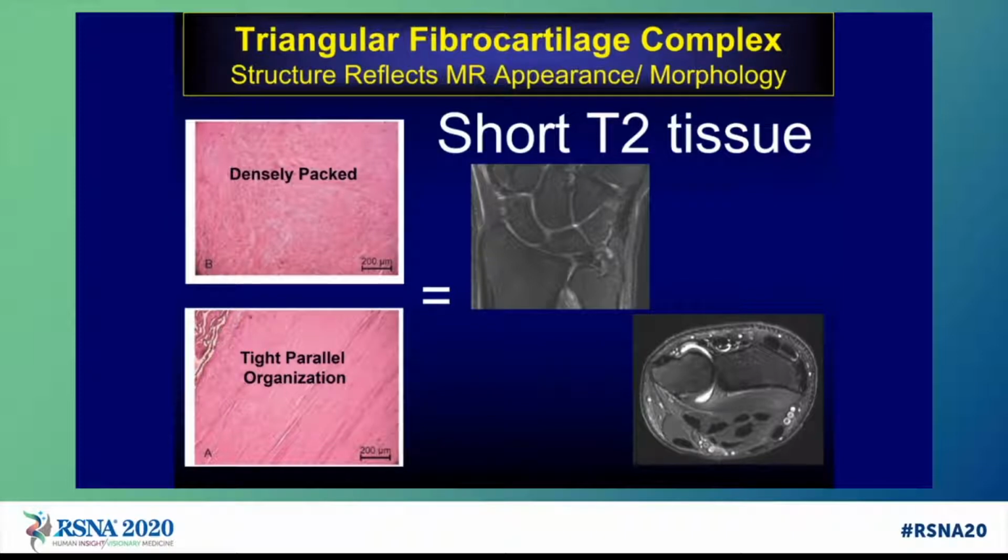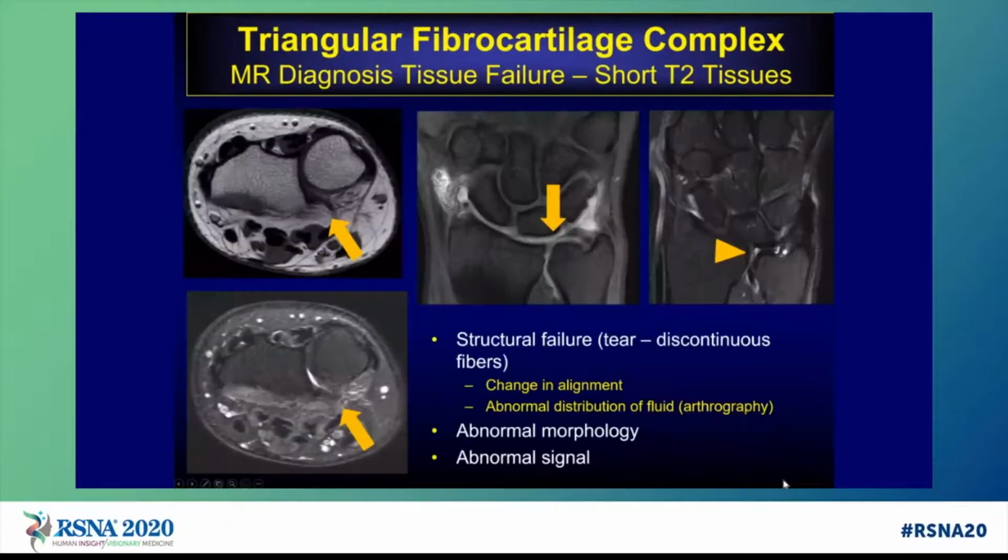The important thing to note there is that by the time we see high signal intensity in these structures, there's very significant structural alteration, and they have moved from short T2 to long T2 tissues. So we're seeing the manifestation of disease on MR at a very severe or end stage type of injury. Don very elegantly talked about the ways that we identify failure in musculoskeletal tissues in the last lecture.